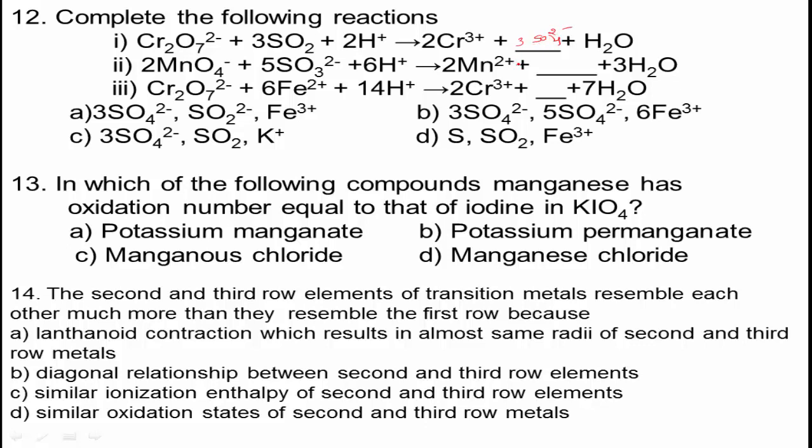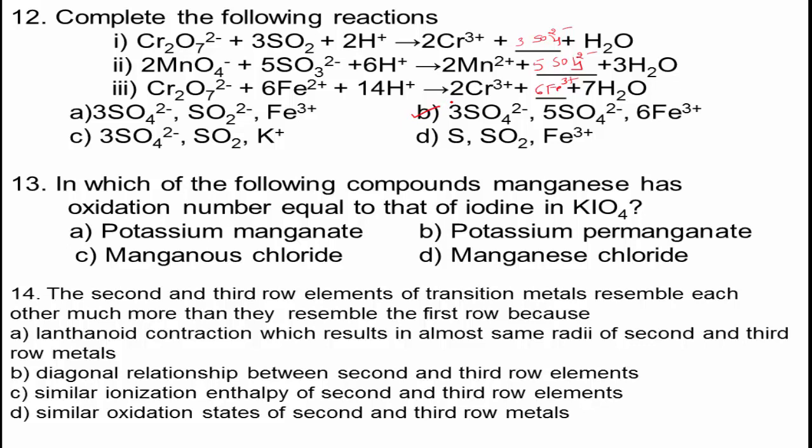Next, in the second reaction, the product is 5 SO4 2 minus. Next, in the third one, 6 Fe 3 plus. Therefore, the correct answer for this question is B.